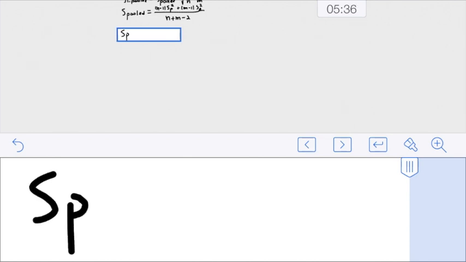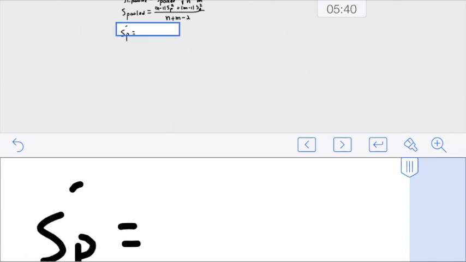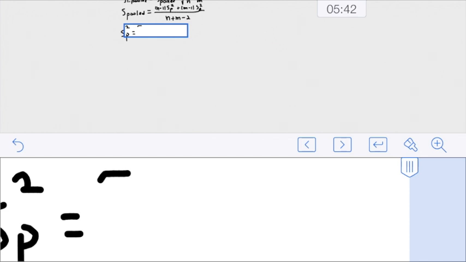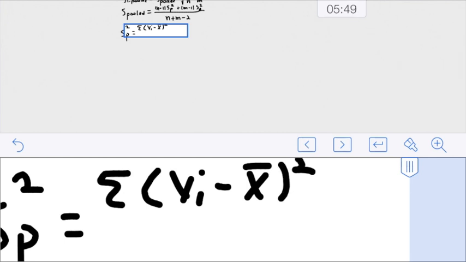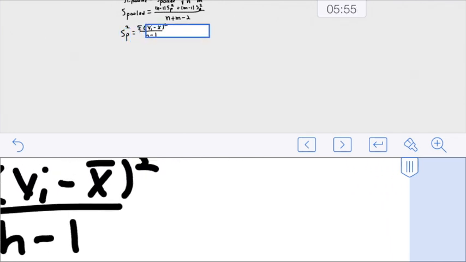So our standard deviation for our Persian cheetah is equal to the square root of the sum of xi minus x bar squared over n minus 1. And remember, n is the number of trials for the Persian cheetah.